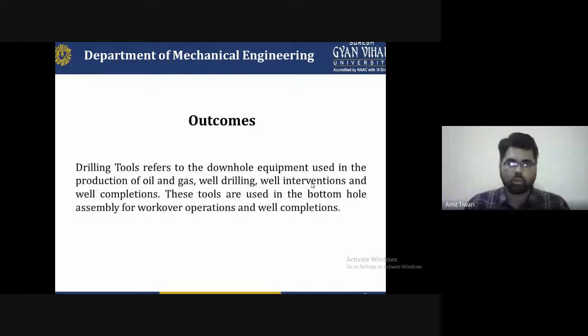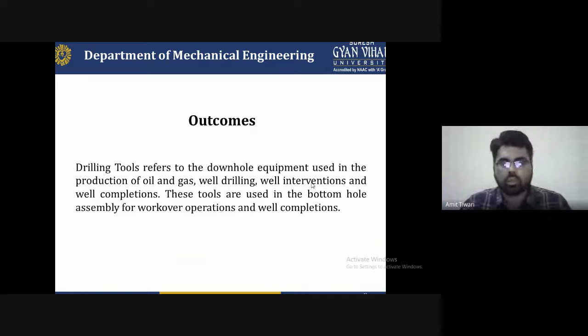The outcome of this lecture is that the student will be able to understand that drill tools refer to the downhole equipment used in the production of oil and gas, well drilling, well interventions, and well completions.